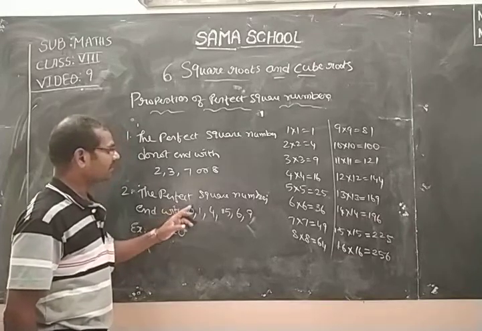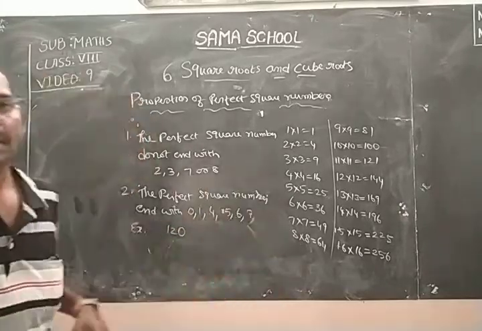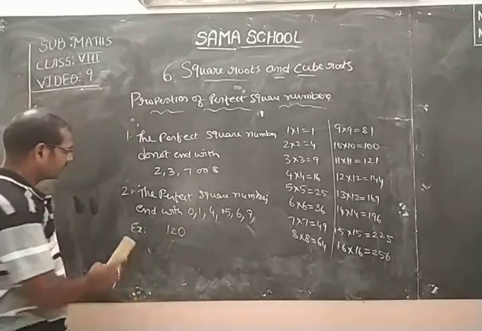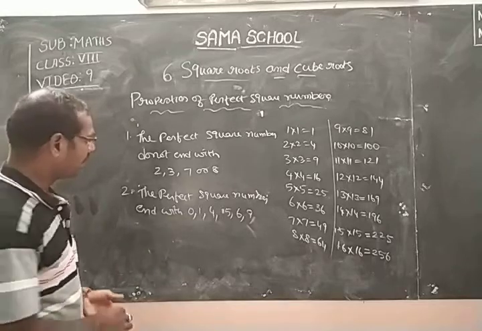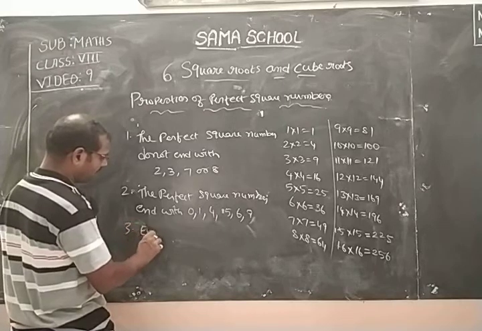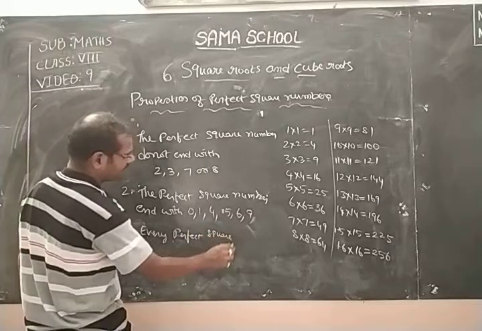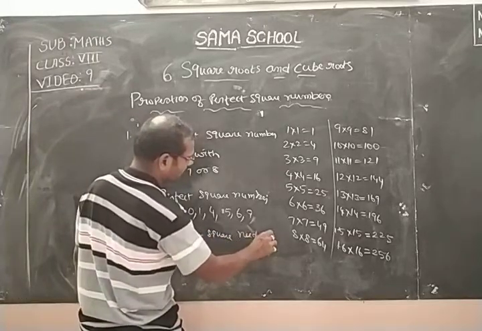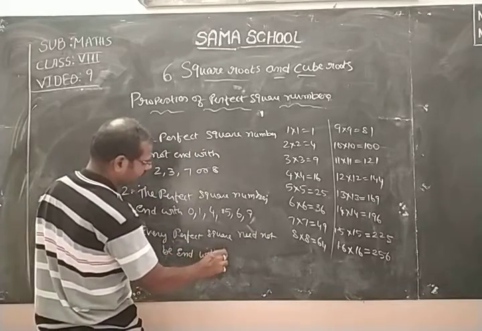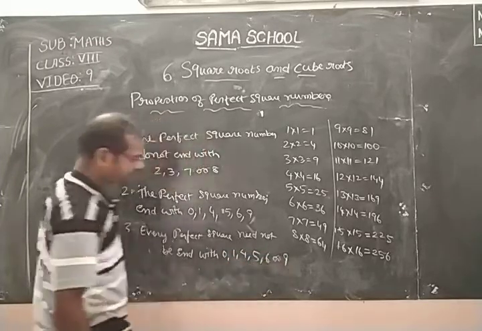So perfect square numbers end with these digits, but the converse is not true. Third point: every number that ends with 0, 1, 4, 5, 6 or 9 need not be a perfect square.